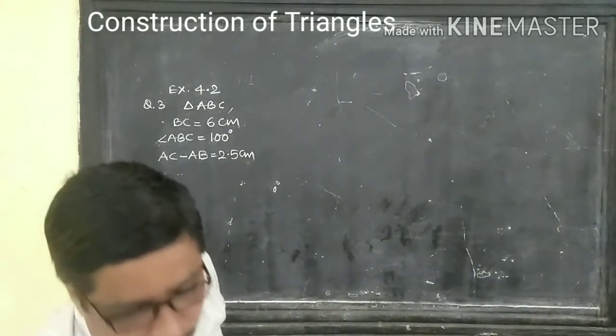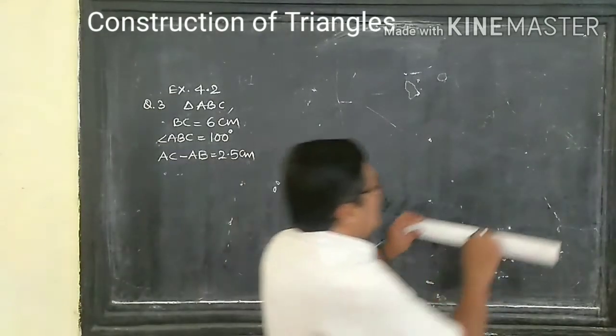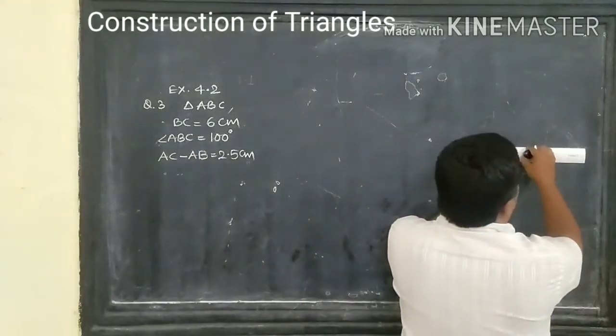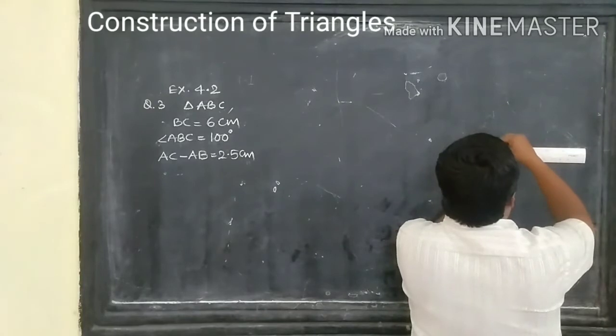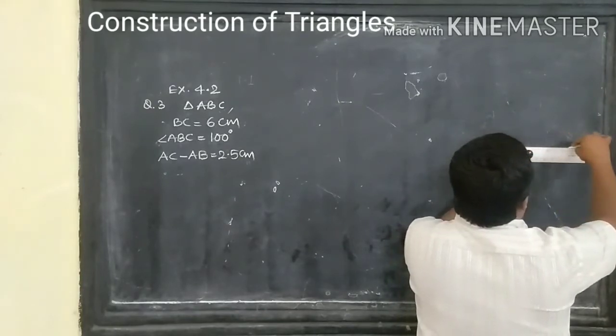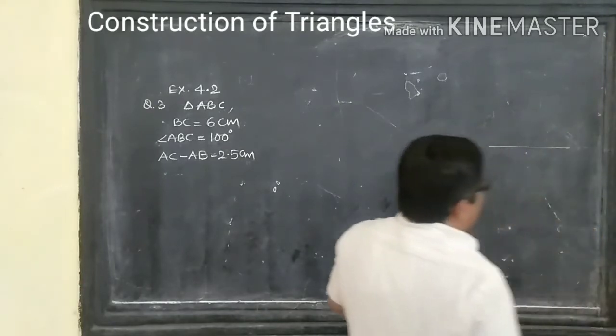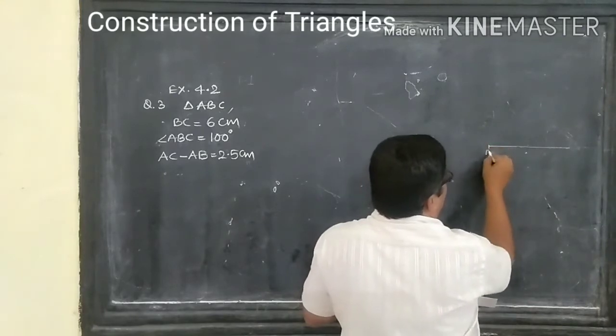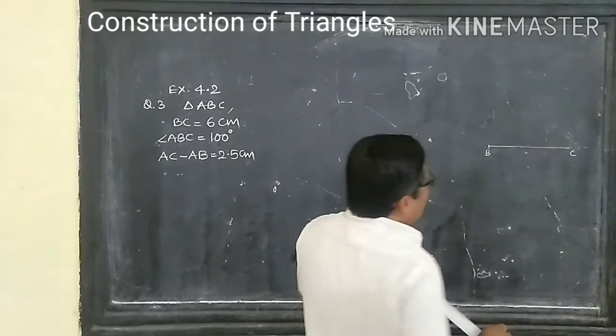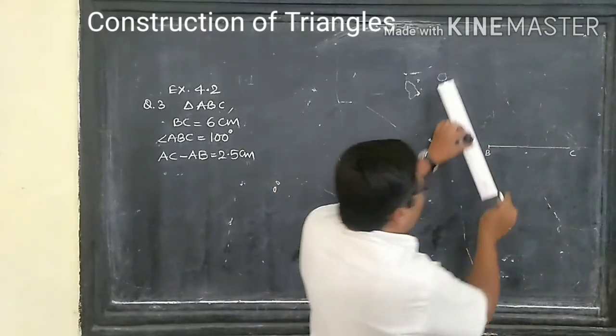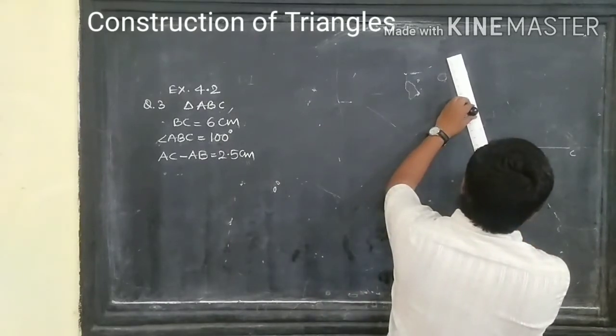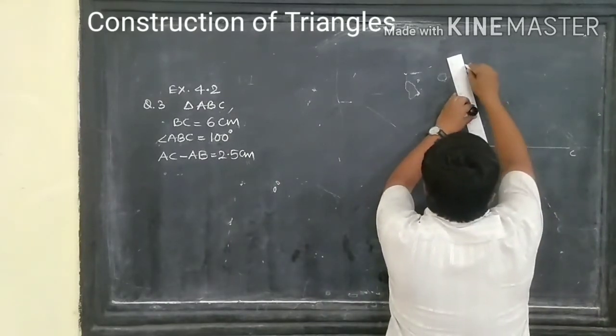So for that, first of all we have to draw base BC. So this is base BC. Then we have to draw an angle of measure 100 degrees.